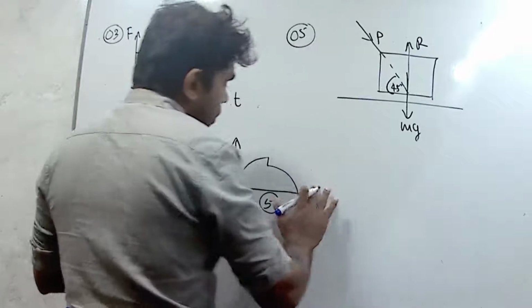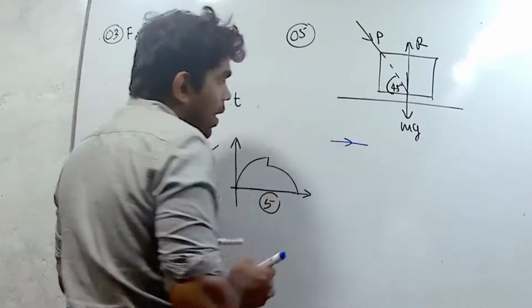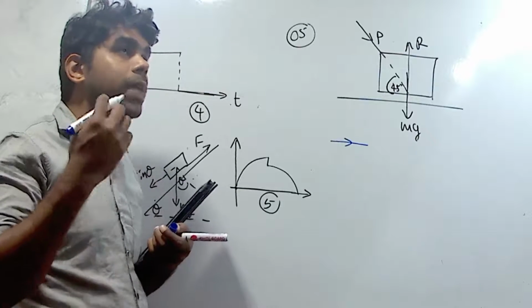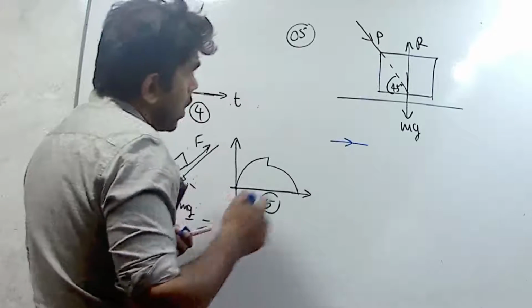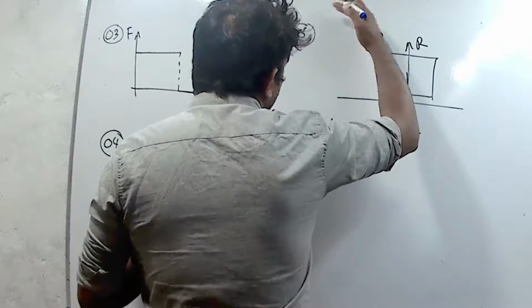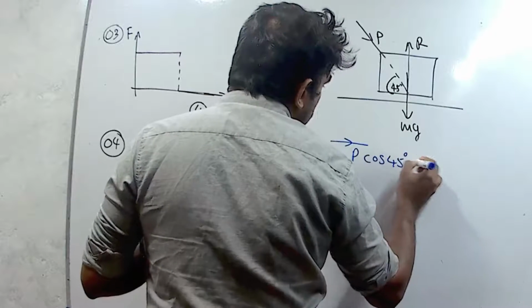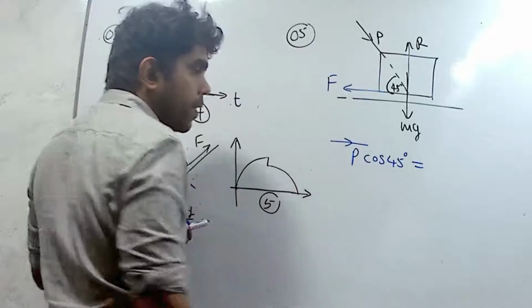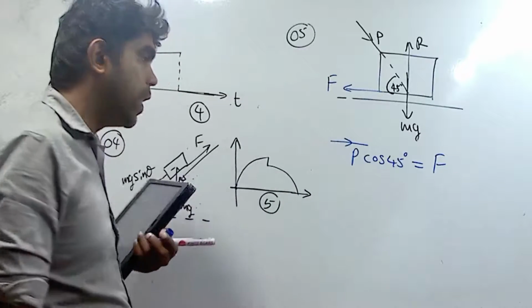According to Newton's first law, there is no external unbalanced force on an object moving with constant velocity. Then the horizontal component of P, P cos 45, should equal friction on the object in the opposite direction. It is not moving vertically.